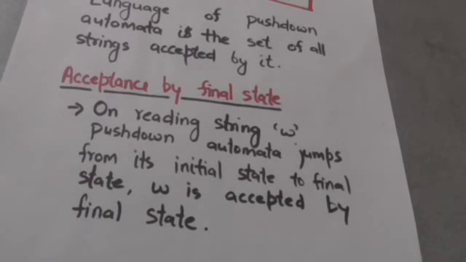If on reading a string W, Pushdown Automata jumps from its initial state to one of its final states, then string W is accepted by Pushdown Automata by final state.